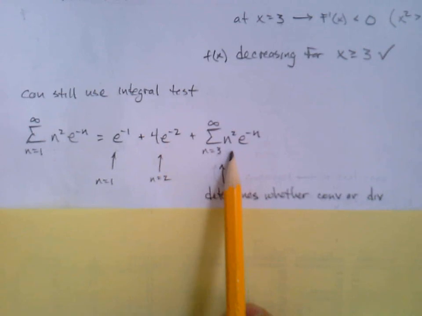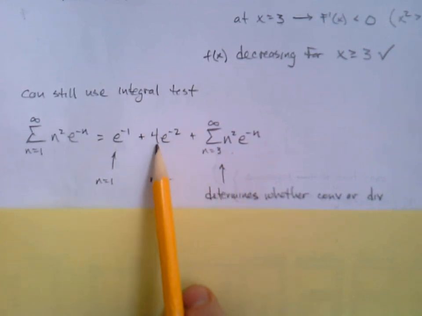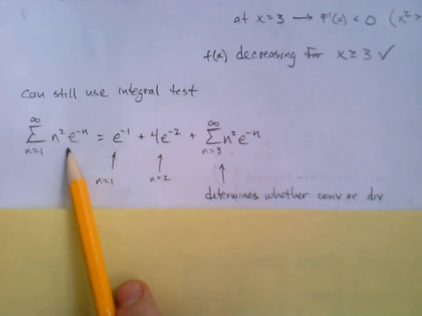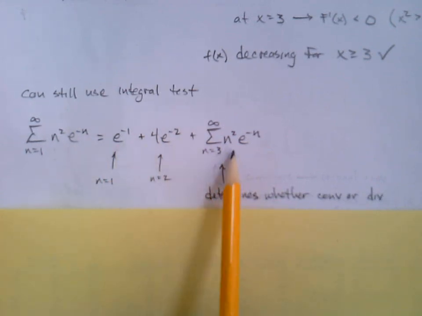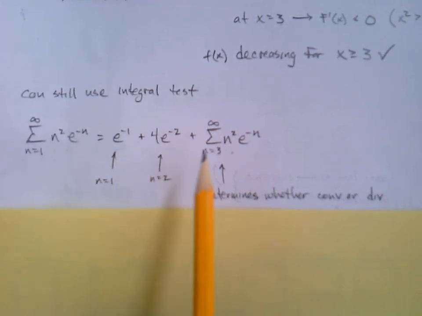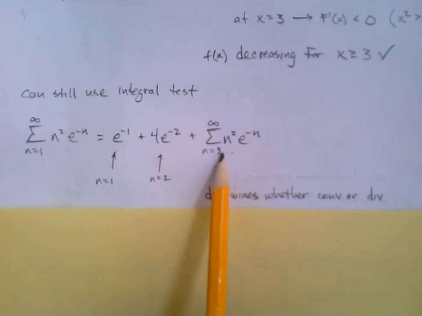But of course, if this diverges, it doesn't matter what I add on, it's still going to diverge. So if this converges, this will converge to something a little bit bigger because I've got these other numbers to tack onto it. But if this diverges, then that's going to diverge.